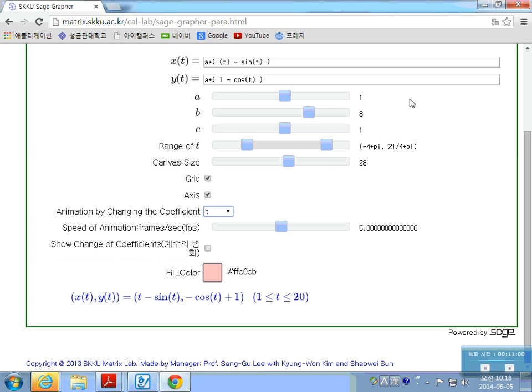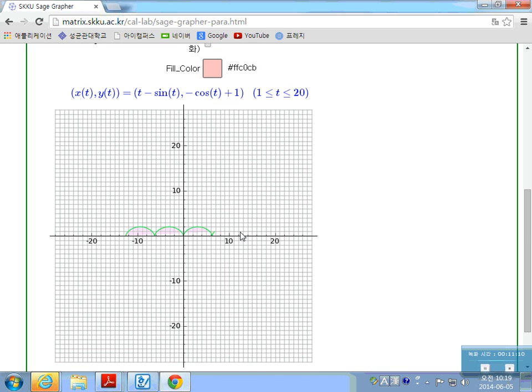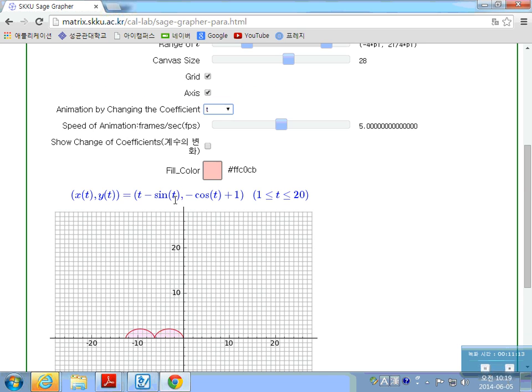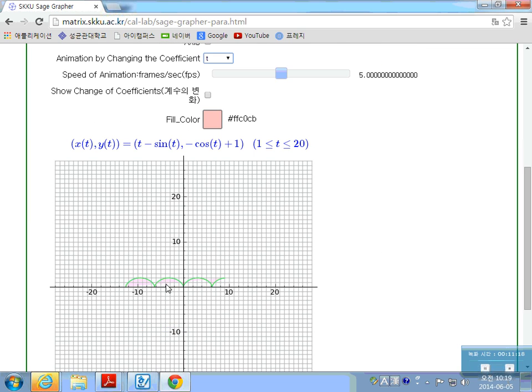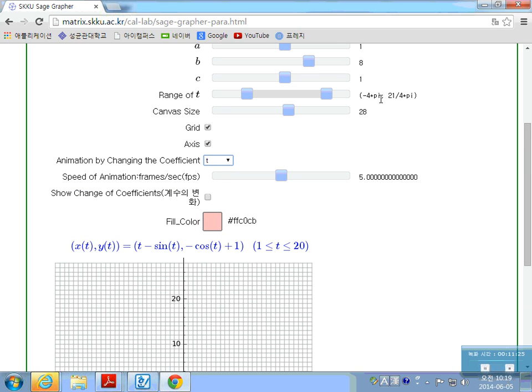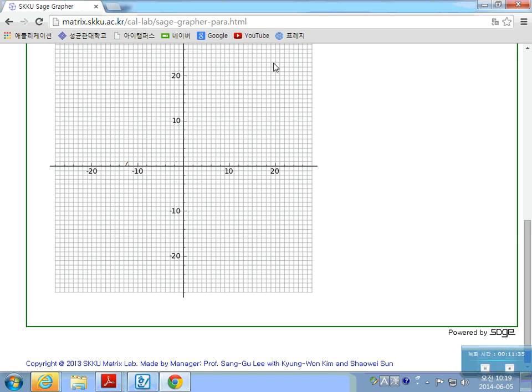I'm drawing the graph when a is equal to 1, in the interval from minus pi to 5 pi. The graph of this parametric function starts from here when t is equal to minus 4 pi, and as t moves, it runs like this.